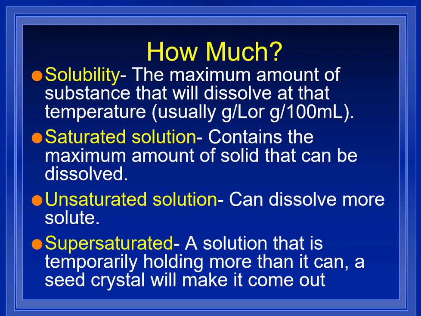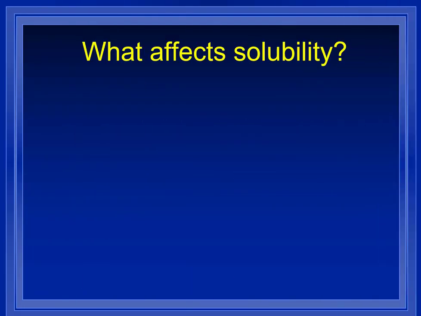So I dissolve a lot, then I cool it off, and the extra is supposed to come out, but it can't make that first crystal. Once it gets one crystal, it can make the rest. Does that make sense? So it's not a stable situation. That's how we can talk about them as how much they're holding compared to how much they could hold.